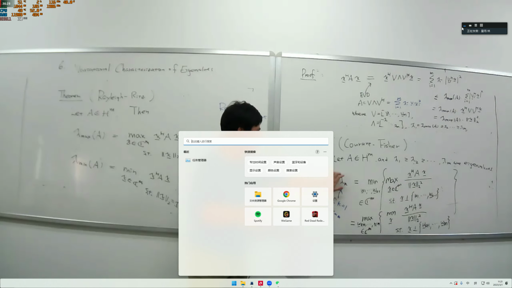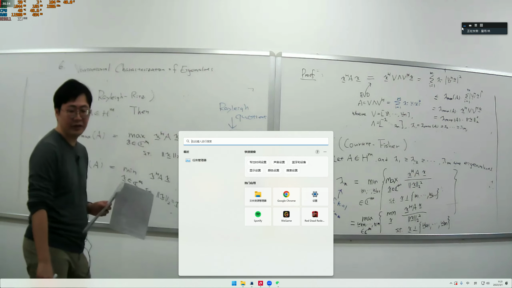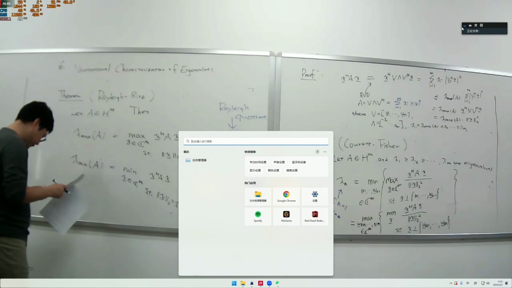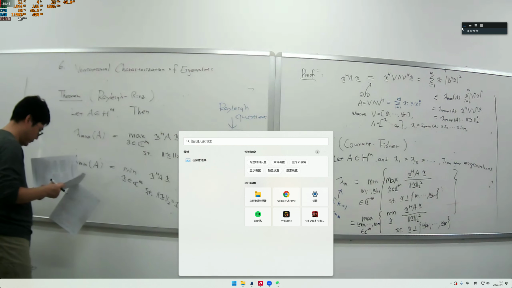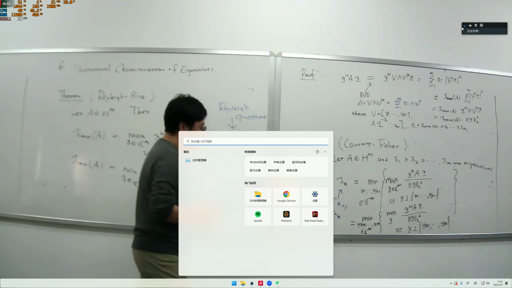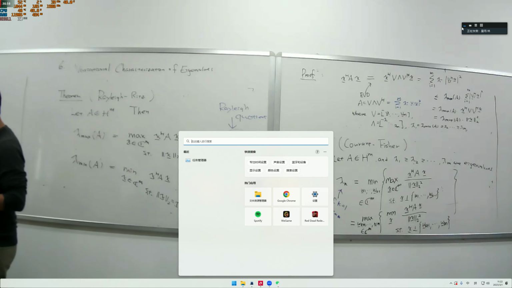It tells us how we can express the k-th largest eigenvalue of a Hermitian matrix. Then let's see how this can be proved.